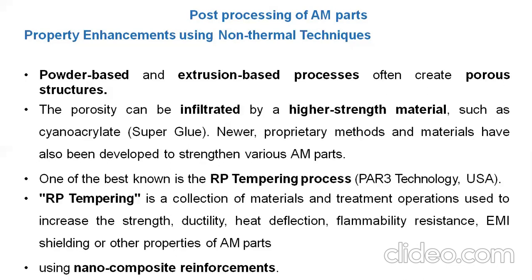Means properties are improved with the help of different materials using nanocomposite reinforcements. In the RP tempering process, we are adding nanocomposite reinforcement to the material to improve the strength or properties of your product.